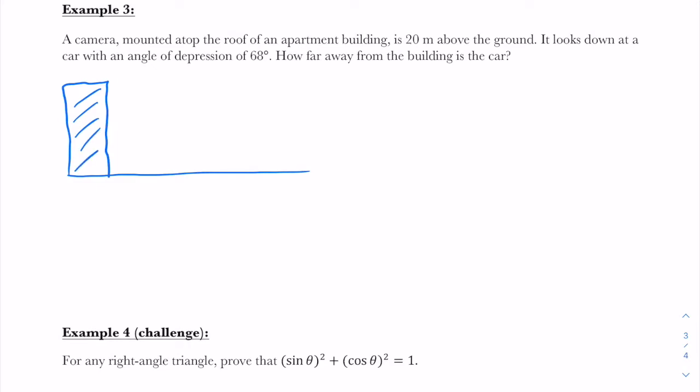And we've got a camera mounted atop the roof, so we'll just put it maybe up here. The camera is looking down at a car on the ground, so let's put the car over here. So I'll sketch the horizontal. The line of sight will be the line connecting the camera and the car, shown below.